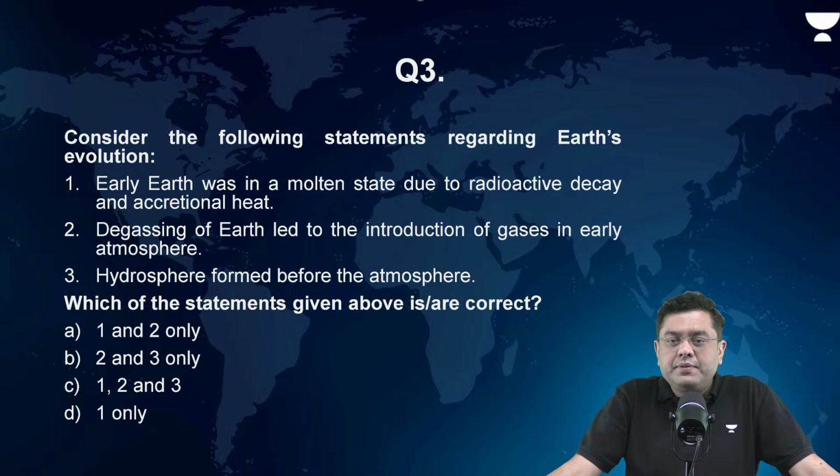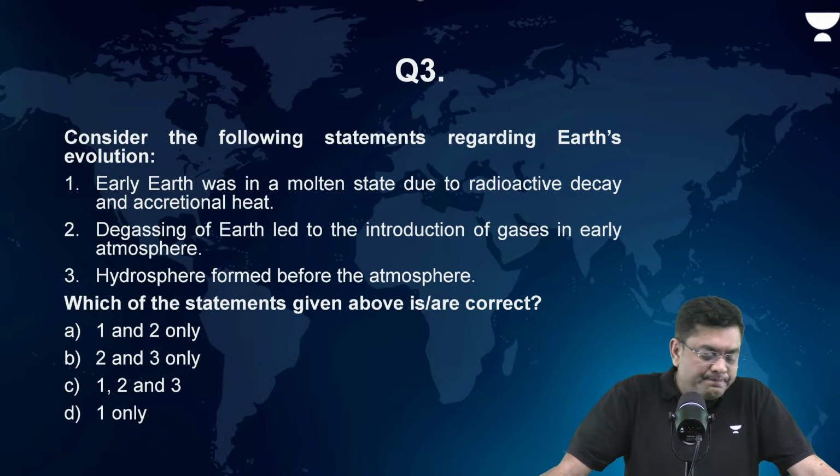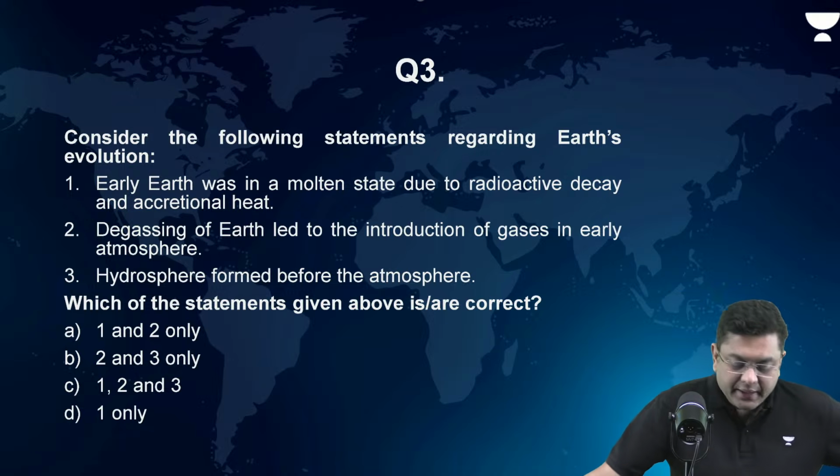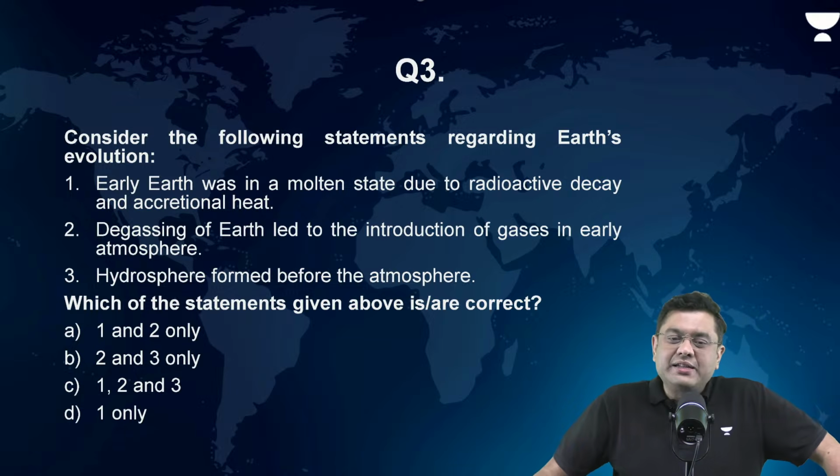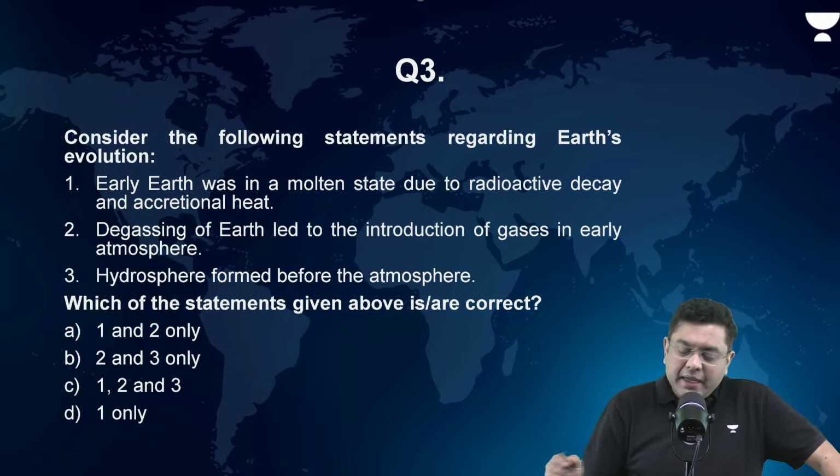So, which of the statements given is or are correct? Let me know. So, the first statement here, early Earth was in a molten state due to radioactive decay and accretional heat.